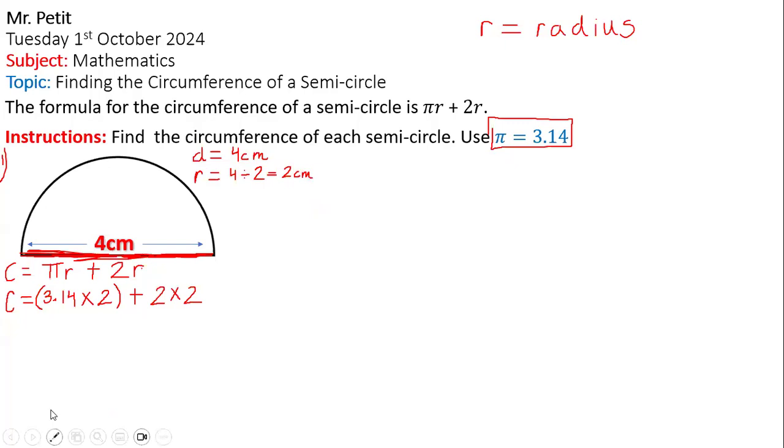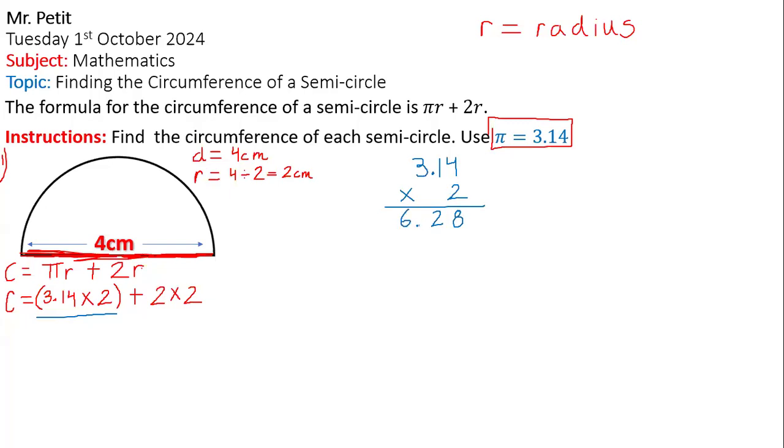So this is gonna be equal to 3.14 times 2. So let's multiply that. 2 times 4 is 8. 2 times 1 is 2. 2 times 3 is 6.